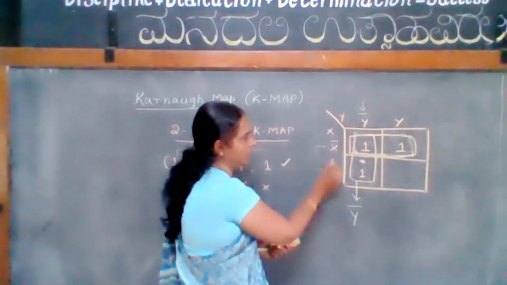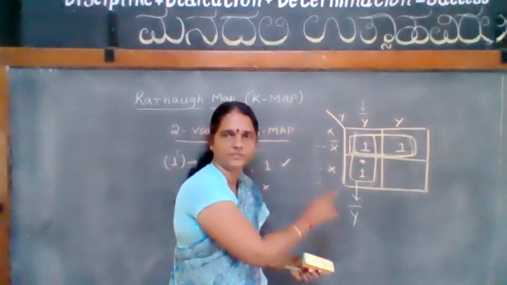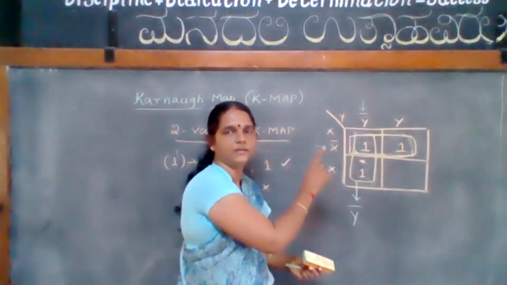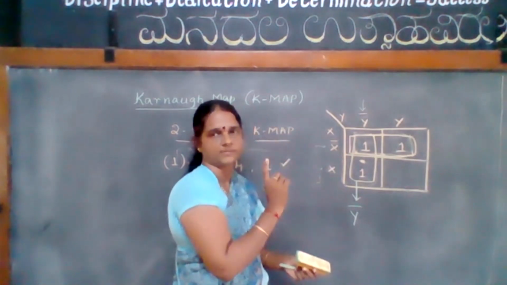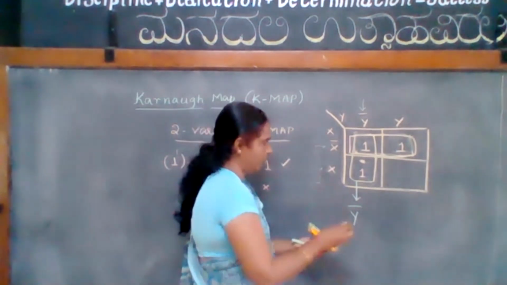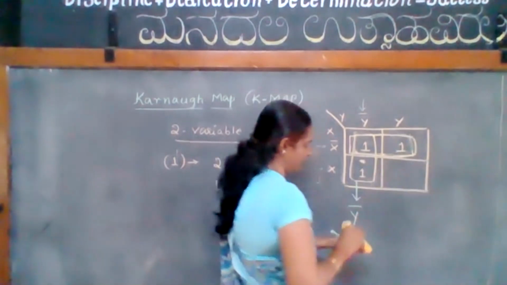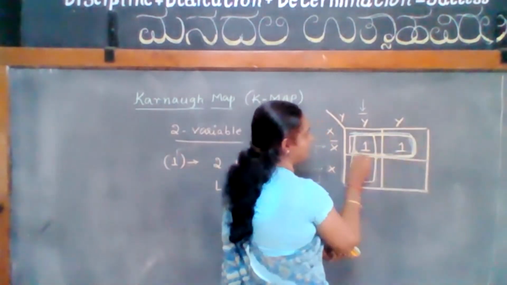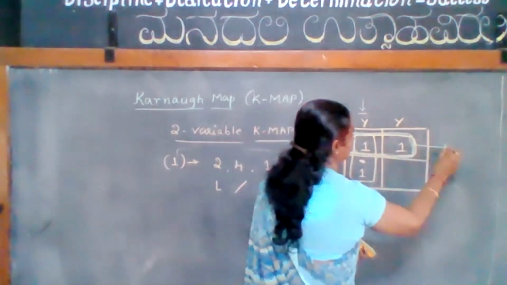We cannot write x complement because x is the complement of x complement, so we need to cancel it out. Then what do we have to write for the other group which we have made here?